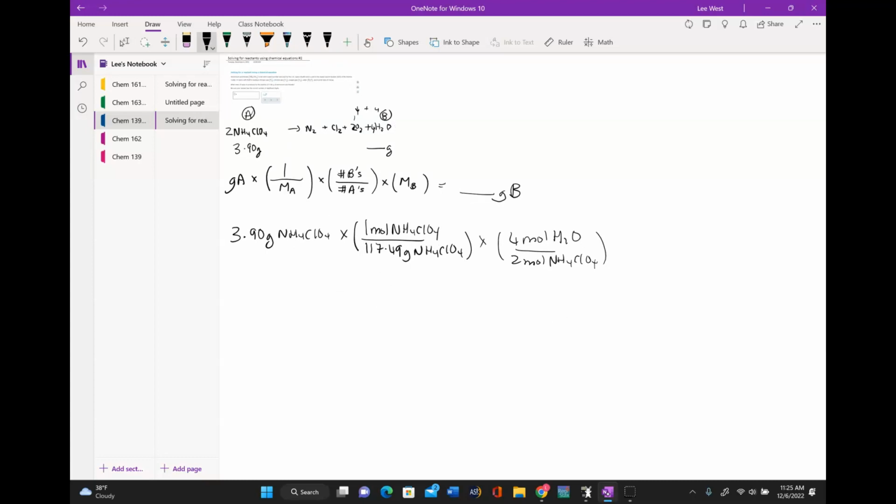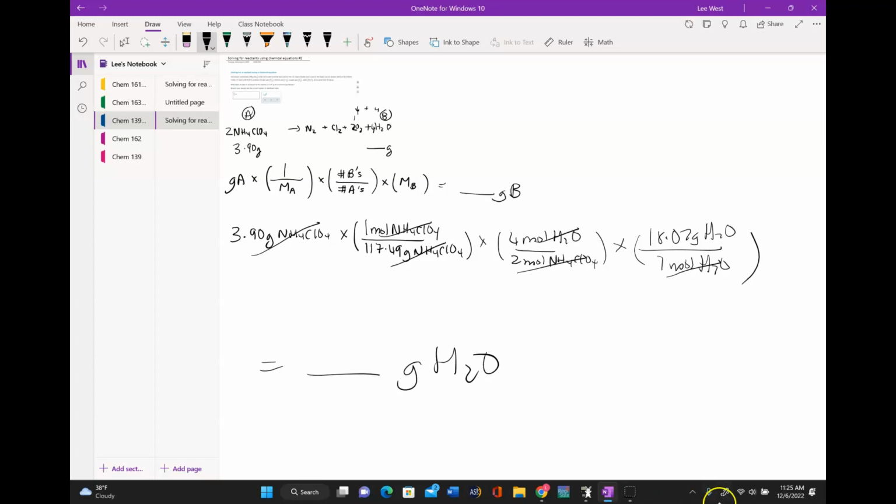And then finally, times the molar mass of water, we get 18.02 grams of water in 1 mole of water. Now if I cancel all my units, you'll see fairly quickly that my only unit left is grams of water. So we know we got this correct, and we also know that we're going to round whatever we get to 3 significant figures, because that was what our starting mass was.